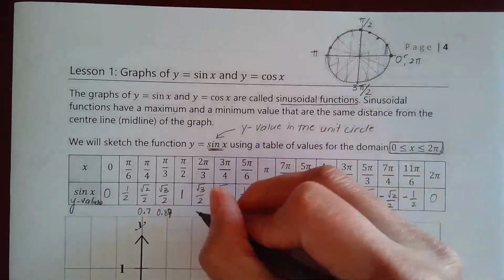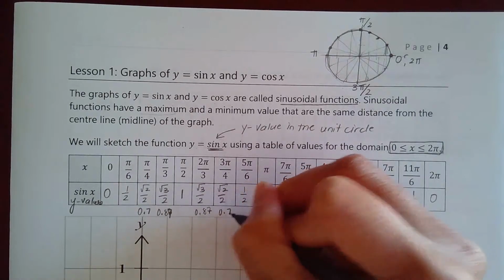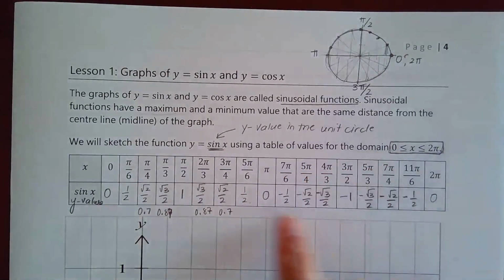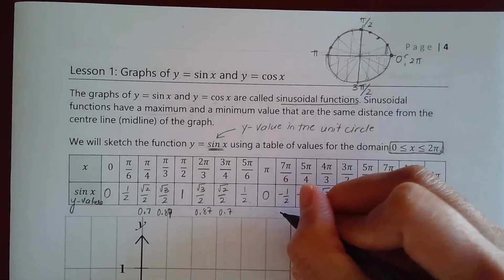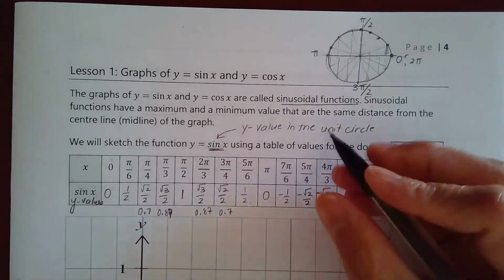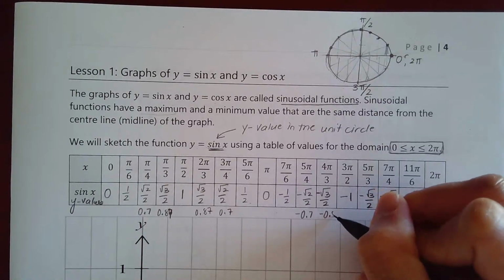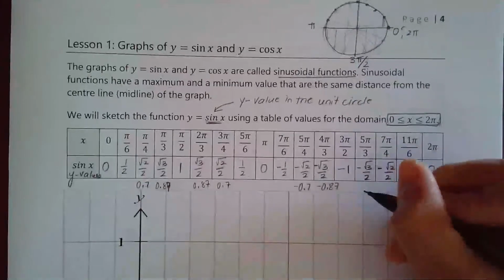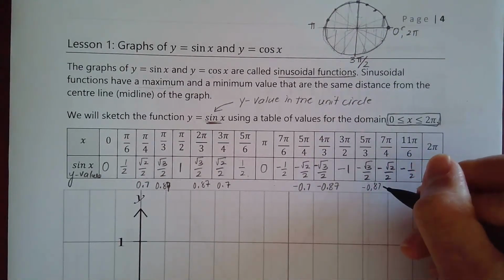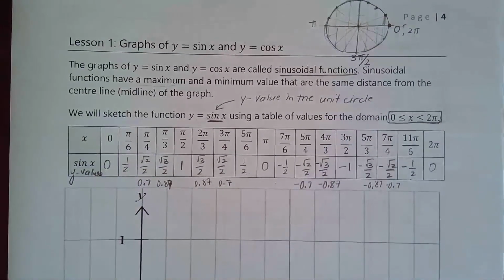And it's 1. And then this is going to be 0.87 again, 0.7, and then 1/2. That's going to be negative 1/2, so negative 0.5. That's going to be negative 0.7, negative 0.87, negative 0.87, negative 0.7, and then negative 1/2.